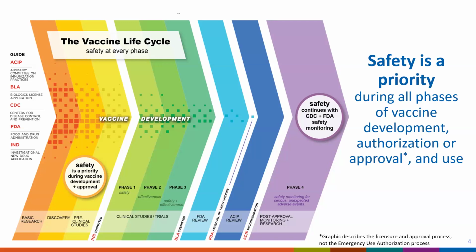At this point, this is where phase 4 or post-approval monitoring comes in, also known as post-marketing safety surveillance. These are population-based epidemiological assessments after the vaccine has been licensed, in large populations of millions of people, often using electronic health records and claims data to identify very rare and potentially serious unexpected adverse events that couldn't be detected in the trials. This is where the rest of my talk will focus, on post-marketing safety in the US.